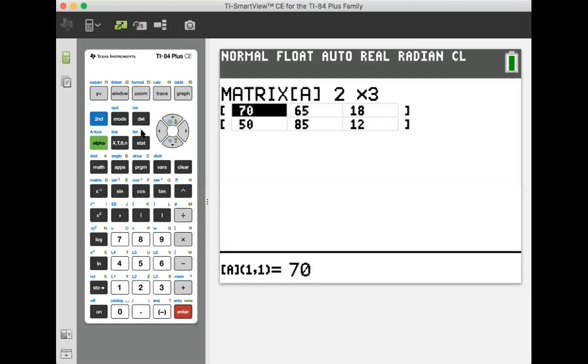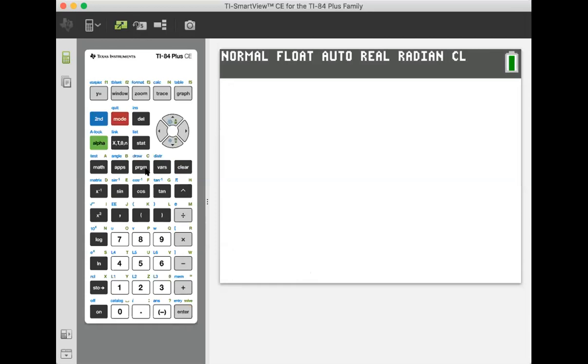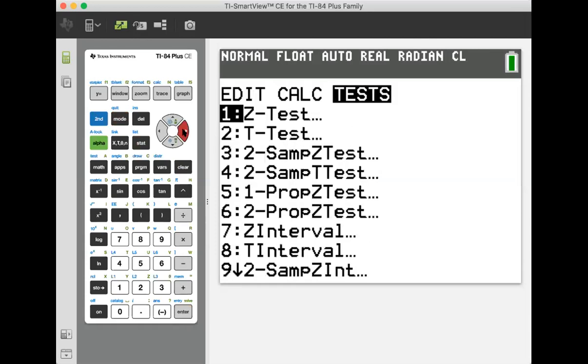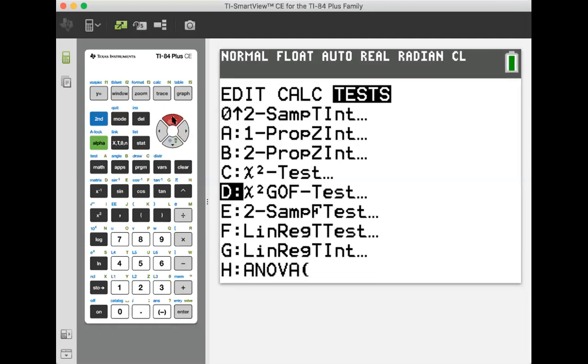Okay, so to get out of here, we don't want to change anything else now. We've got the data that we're given in the table in matrix A. So let's do second, mode to quit out of there. And then we go stat, right arrow to tests, down to chi-square test, or it may be faster to go up to the chi-square test, and hit enter.